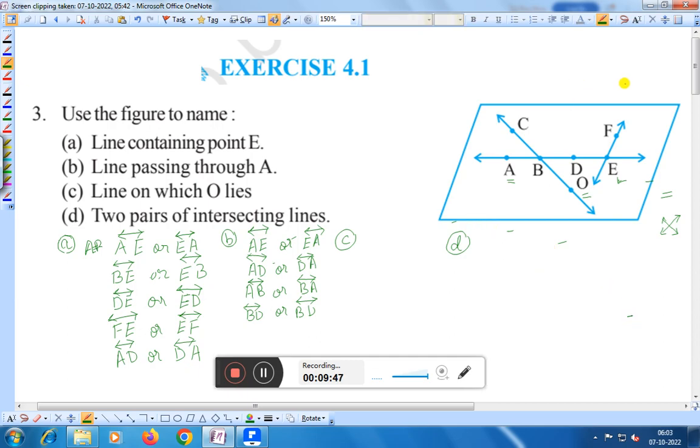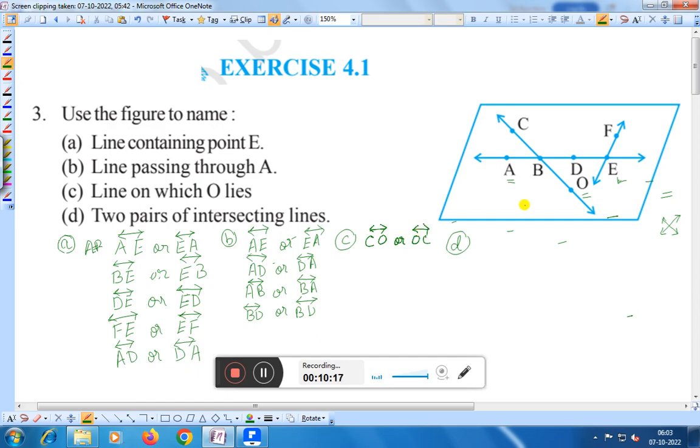Here O is a point, so it is CO. We can write CO or OC line, right?